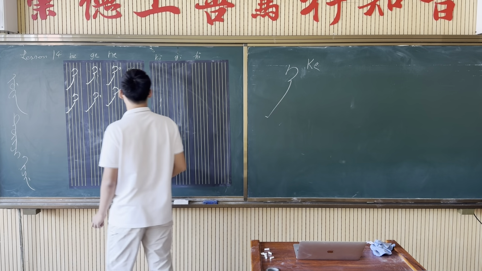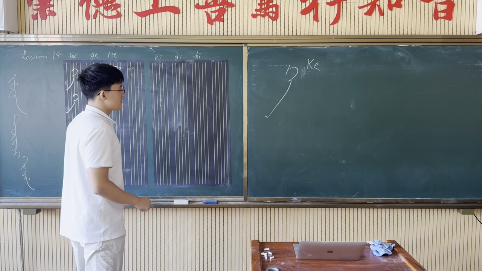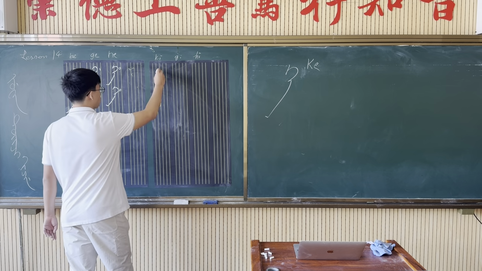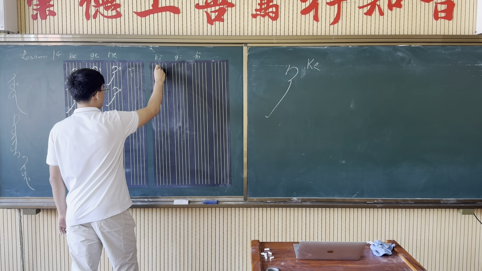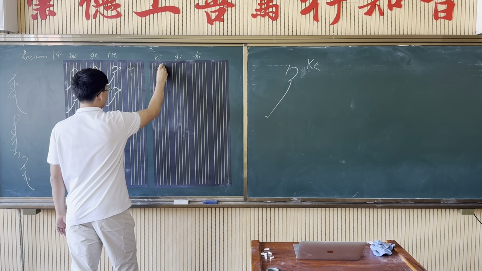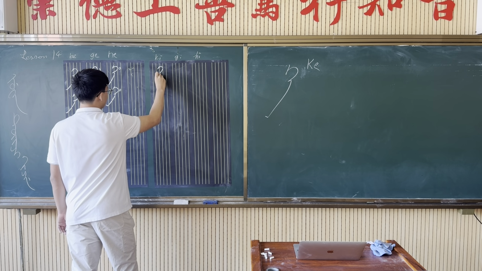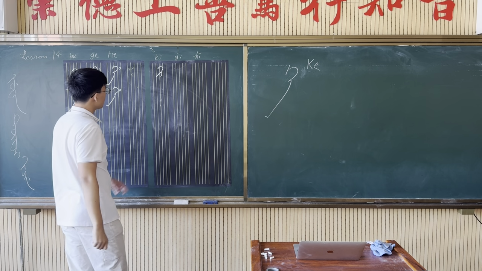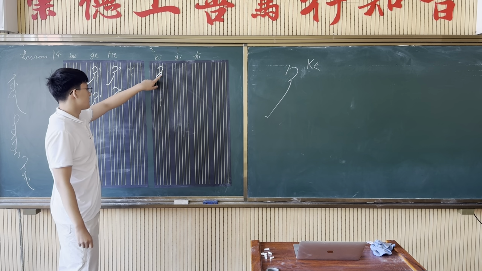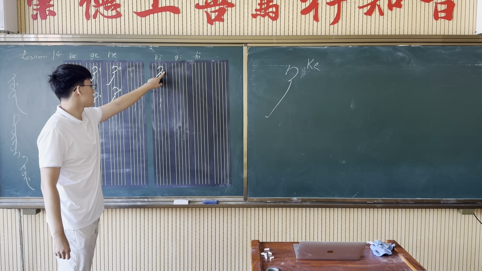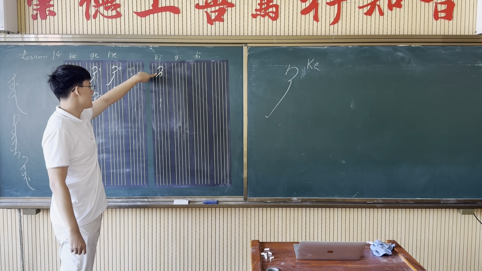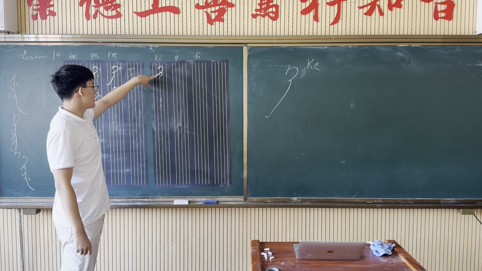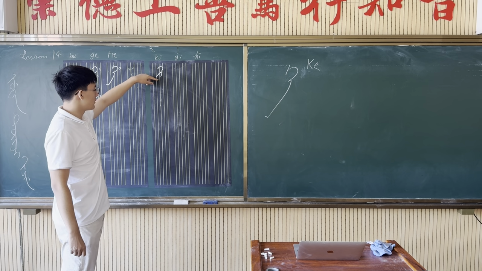For ki, it starts off with the same process as 科. So middle line, you go to the center of the second and the third column, you form a semicircle that touches the fourth column, and then a long tail that touches the second column, and then it goes back and it forms another curve, one more curve.